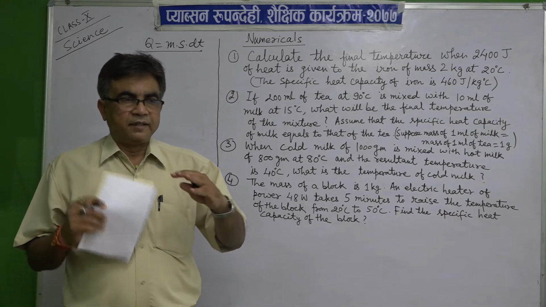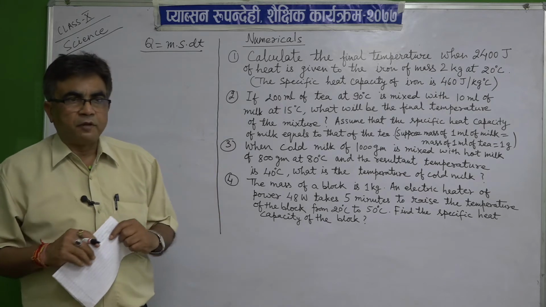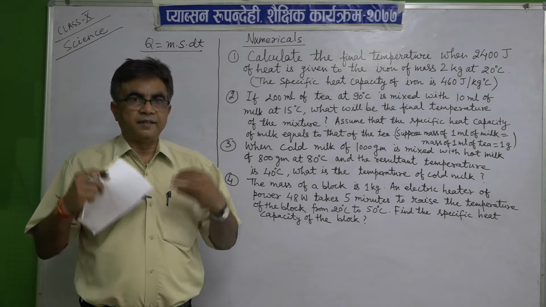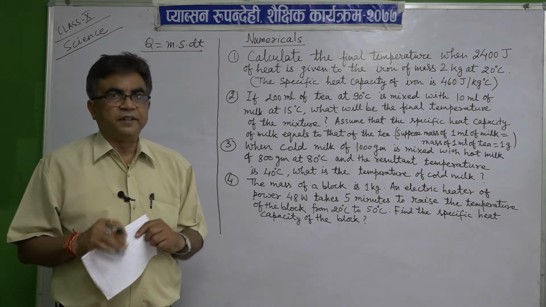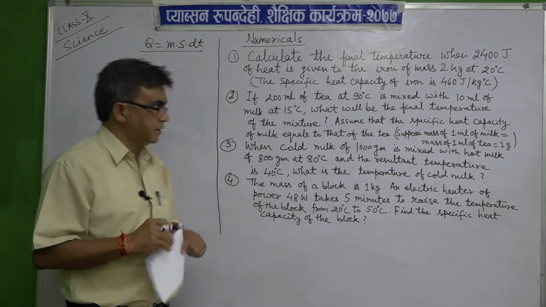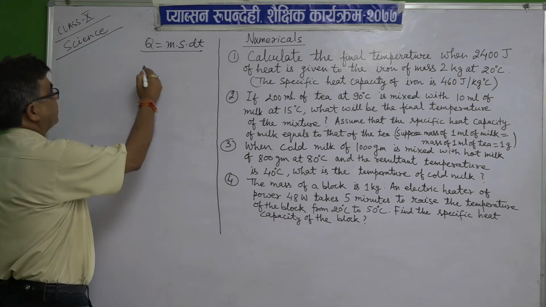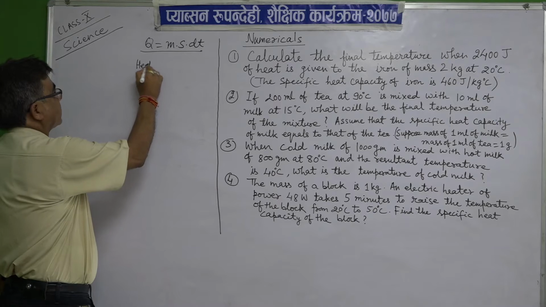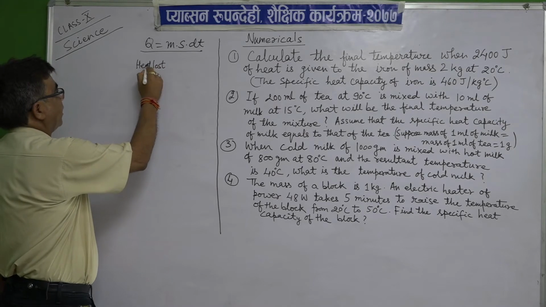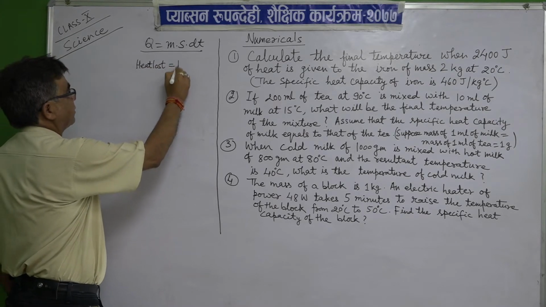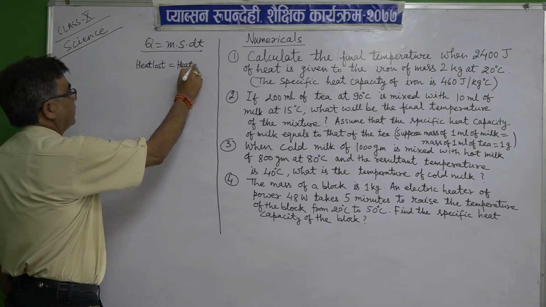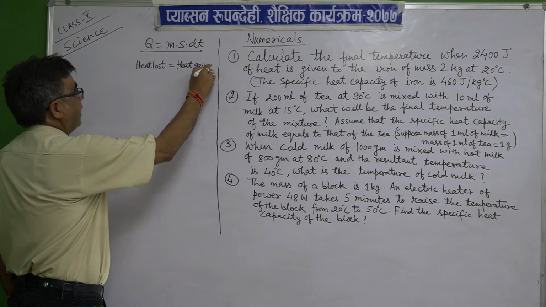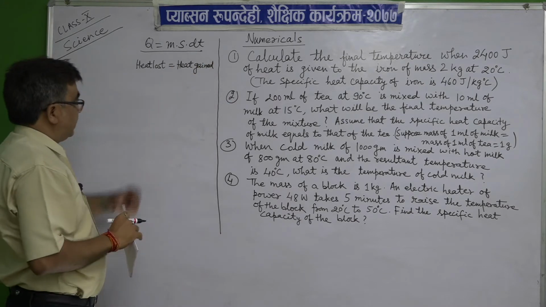That means when both bodies attain the same final temperature, the flow of heat stops, and in that case the heat lost by the body at higher temperature is equal to the heat gained by the body at lower temperature.